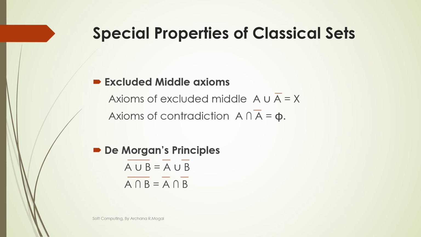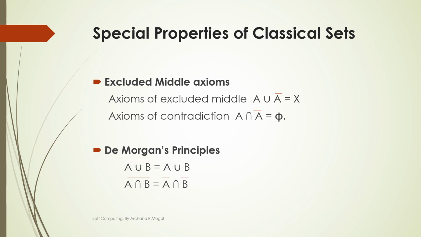The first, called the axiom of excluded middle, deals with the union of set A and its complement. Then A union not A is equal to X. The second, called the axiom of contradiction, represents the intersection of set A and its complement. That means A intersection not A is equal to phi.